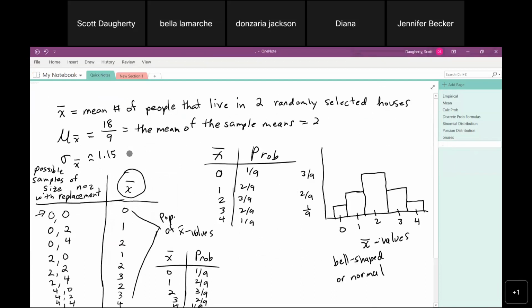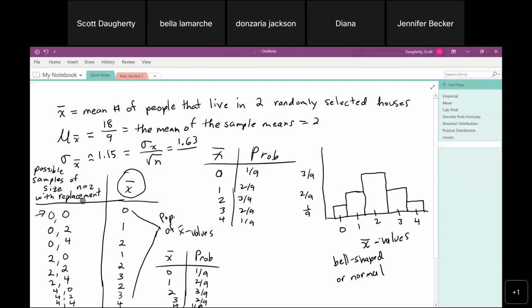Now, in fact, there's a relationship between this number and the original standard deviation. It's actually the original standard deviation, which we're labeling as sigma sub x, divided by the square root of the sample size. And I'll prove this to you. This is always true. The original sigma sub x was 1.63, if you round it off.